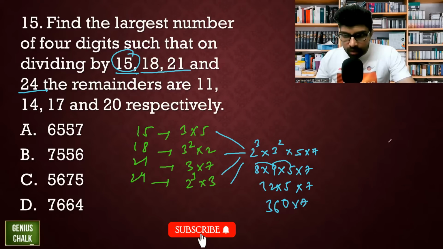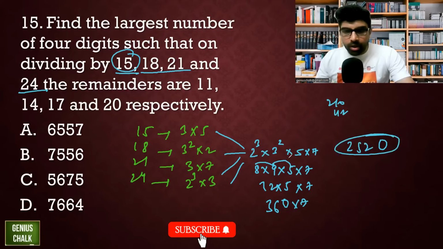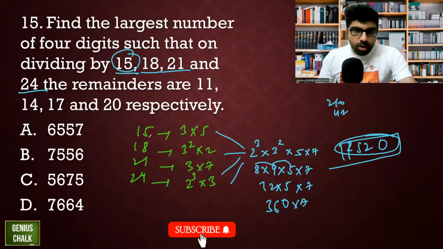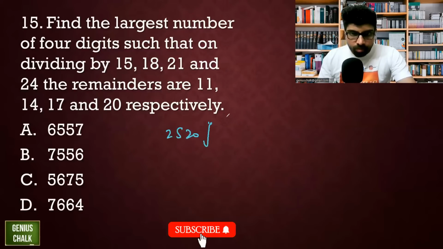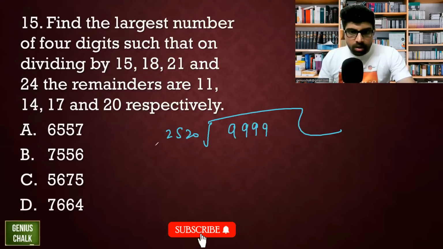So this is my LCM first. 360 into 7 is 2520. So first I have got the LCM as 2520. Now I'll divide the largest number of 4 digits by this. If I check, it will not go 4 times, it must go 3 times. 2520 into 3 is 7560, and this is the remainder.